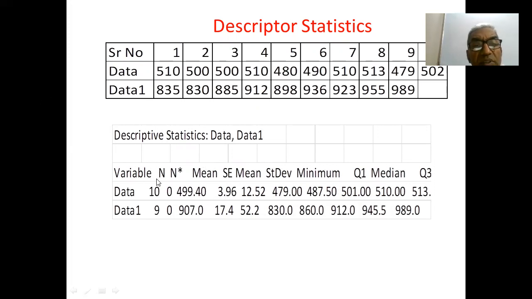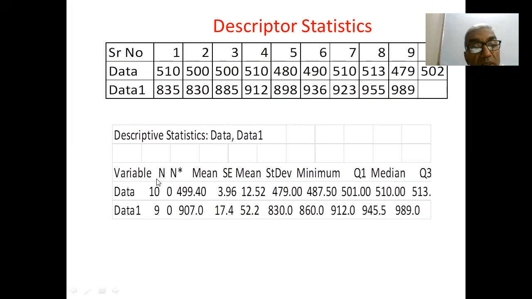Standard error mean is this much. All these details you will see later on. Standard deviation is this much. All are in millimeter. Minimum is this much. Quartile 1 is this much. Median is this much. Quartile 3 is this much. Upper quartile and lower quartile. And 530 is the maximum one.